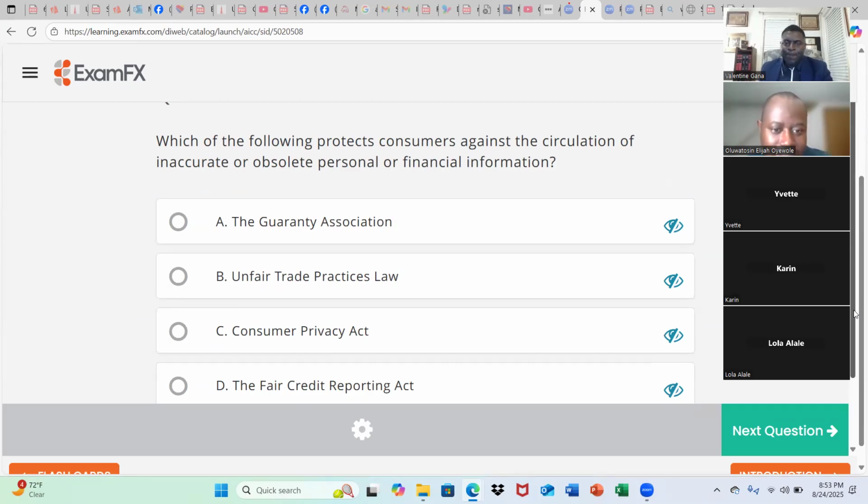The Guarantee Association, Unfair Trade Practices Law, Consumer Privacy Act, the Fair Credit Reporting Act. Okay. The Fair Credit Reporting Act. Correct. Inaccurate or obsolete personal or financial information. When you hear that, they're talking about the Fair Credit Reporting Act.